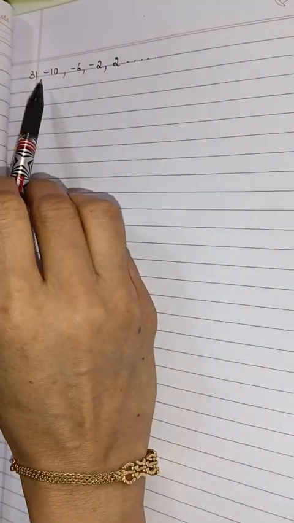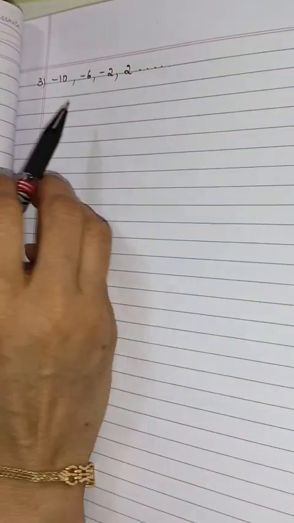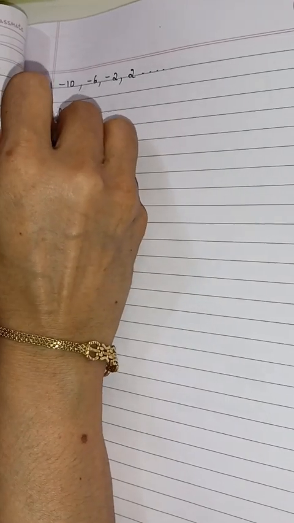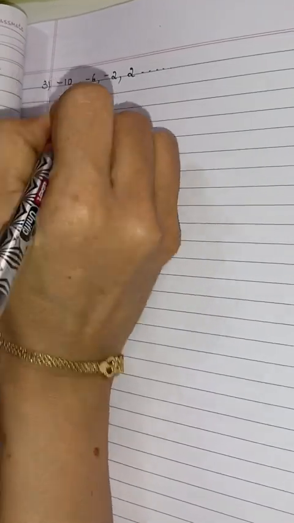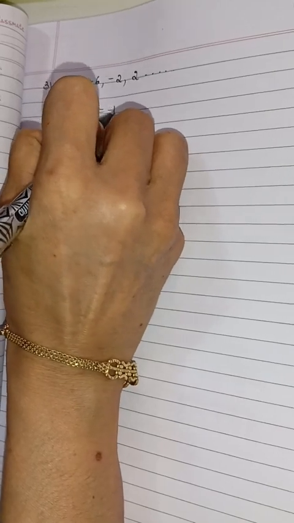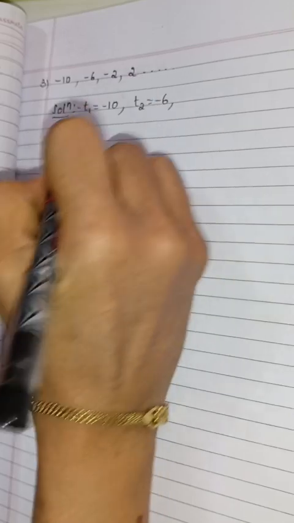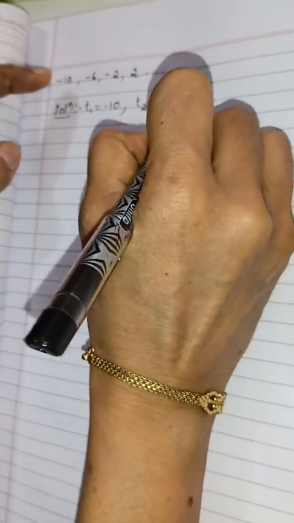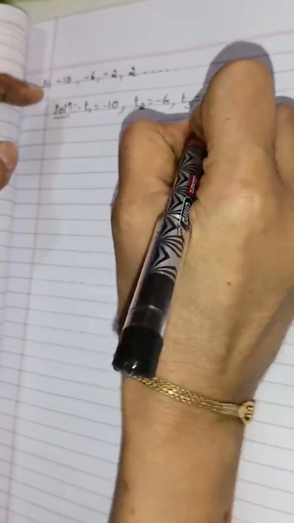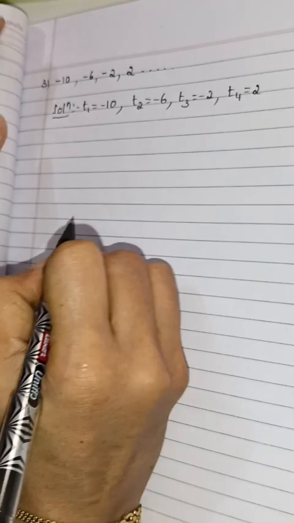Third one is minus 10, minus 6, minus 2, 2. Solution is this sequence: T1 is minus 10, T2 is minus 6, T3 is minus 2, and T4 is 2.